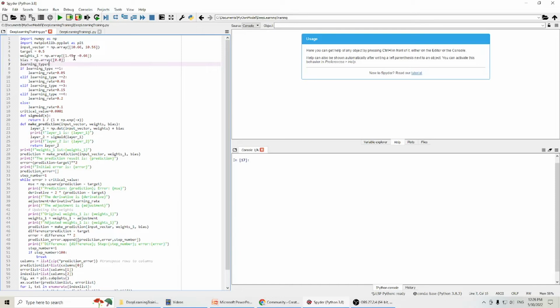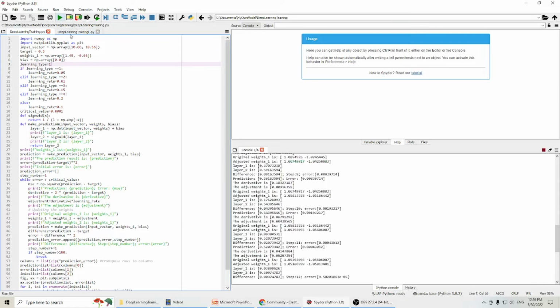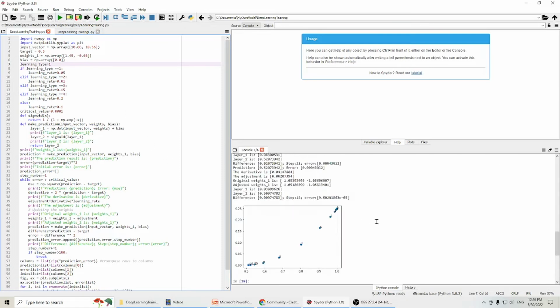First, I'm going to use learning rate 0.05. You can see I start the value from here, and although it's hard to read because the data points are too close, we can see this is the 5th time, 6th time, 7th time, and then getting closer and closer to our target, 0.5.